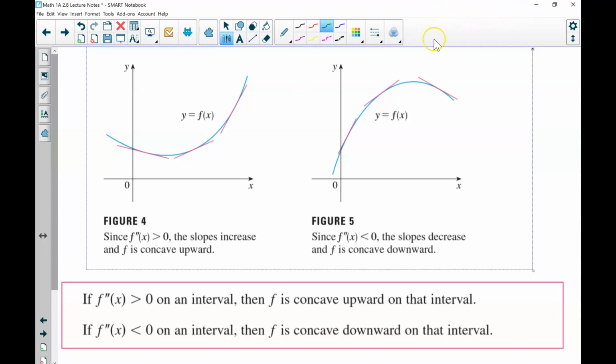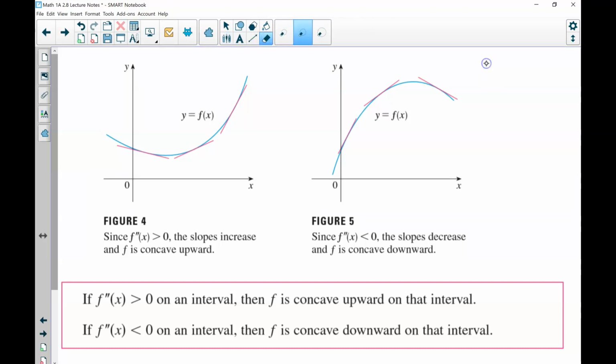We do know that f double prime of x is equal to f prime derivative. By definition, we have the derivative, and then we're taking the derivative of the first derivative.